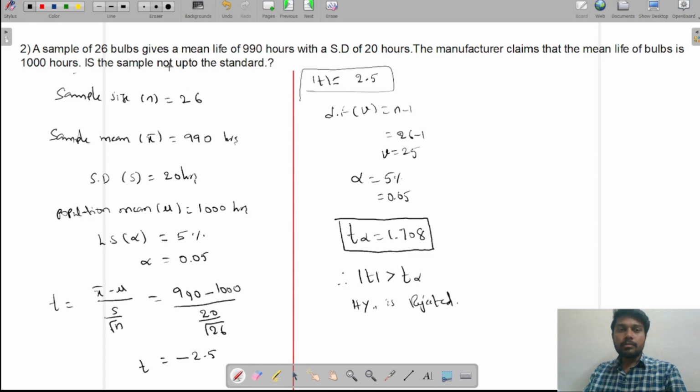Is the sample not up to the standard? Rejected means, yes, the sample is not up to the standard. That we had to find. Hence the sample is not up to the standard. I hope everyone is clear. Now we'll see the second lecture on the same concept, t distribution.